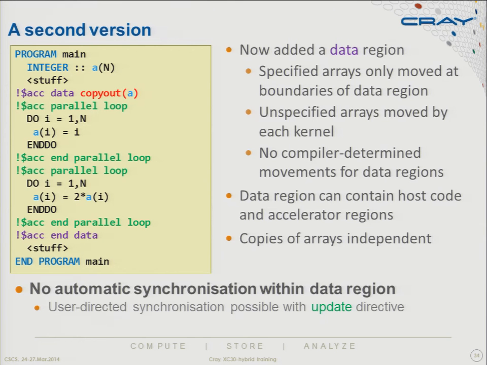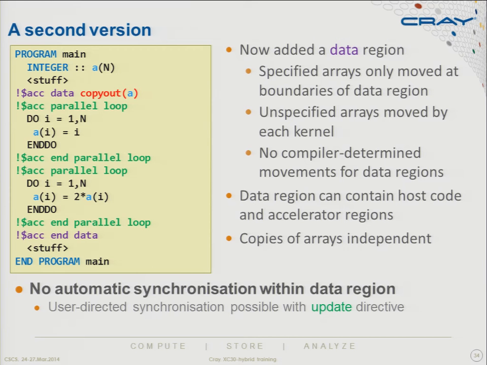A is being used in a write-only fashion, so it's specified as copy out. Within this data region, at this point between these two directives, I could put some host serial code in.